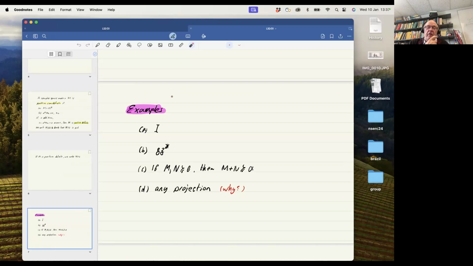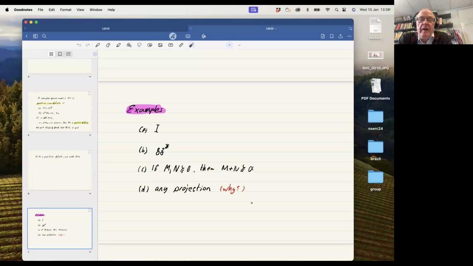Another simple observation is that if M and N are positive semi-definite, then their sum is. You prove this just by applying x star on the left and x on the right, and so then that divides into two terms, each of which is non-negative. And the fourth class I want to mention here is any projection. Now, there's more than one way of proving this, and actually this is one of the features of dealing with positive semi-definite matrices. There's usually at least 3 interesting ways of proving any particular fact.